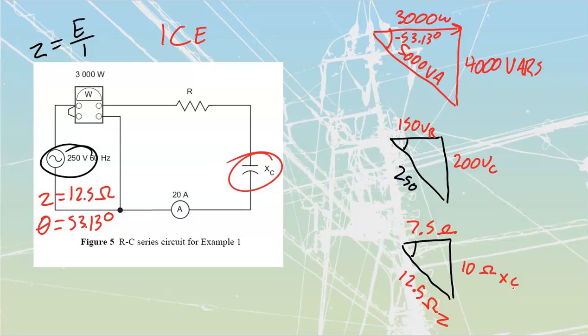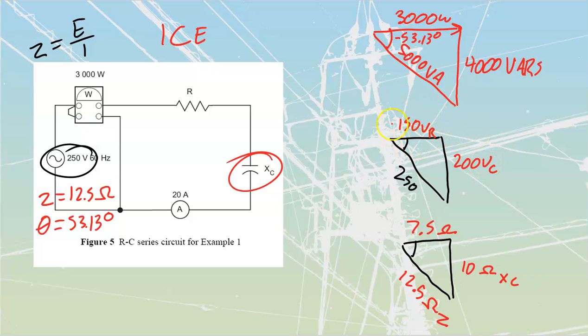So when we take a look now at the main problem itself, we were asked for our VA. We did solve for our VA, that 5,000 VA that we had. They asked for our vars. We did that through Pythagoras. They asked for our capacitive reactance, that's XC over here. They've asked for capacitance in microfarads. We haven't done that one yet. They asked for the voltage drop across the capacitor, 200 volts.